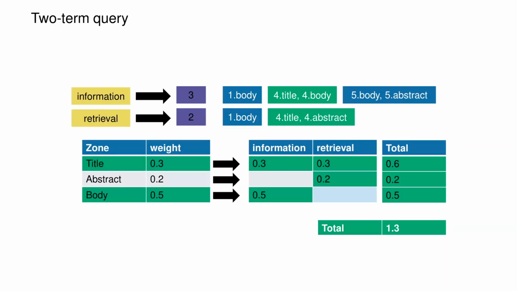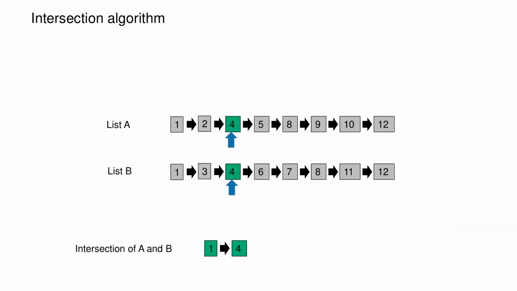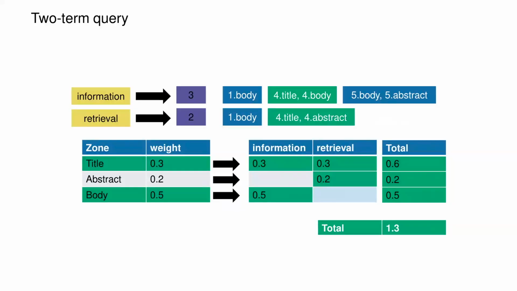I would like to note that this can be done efficiently if you remember the intersection algorithm that is used to implement the conjunctive queries, and we can extend that so that at the same time we compute the intersection of the posting lists, we also compute the dot product by adding the information for the terms.